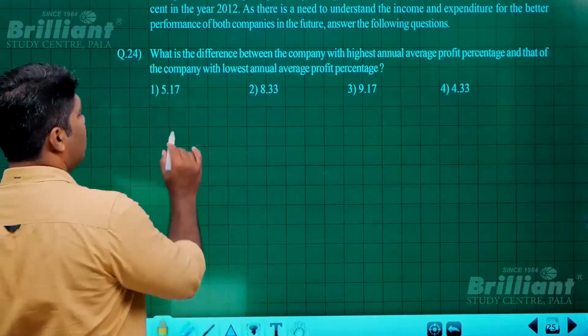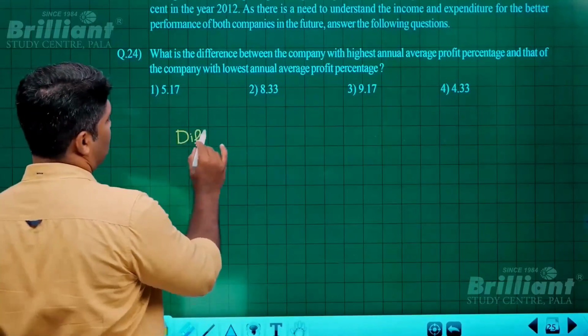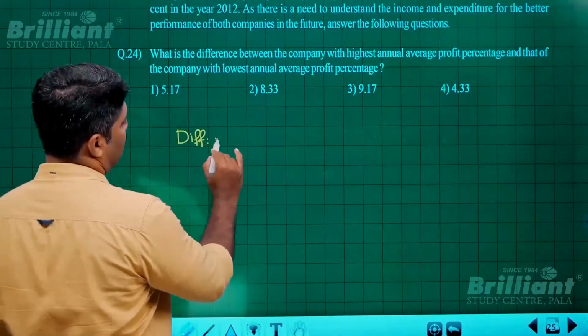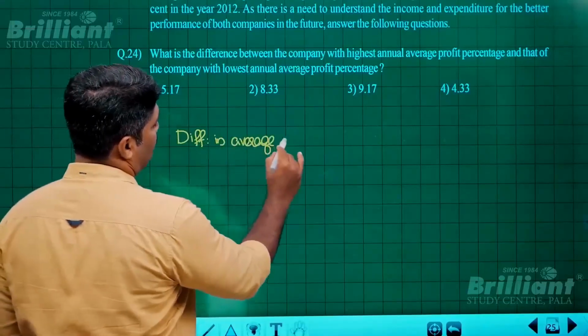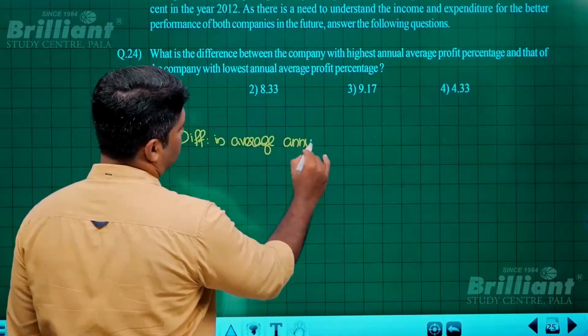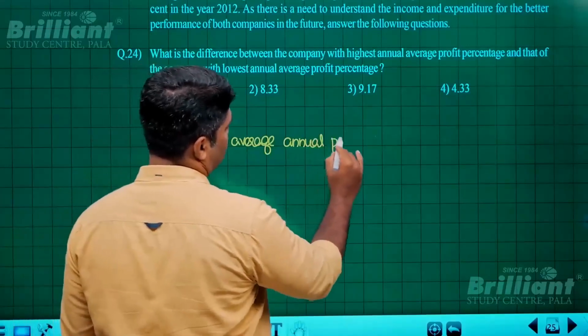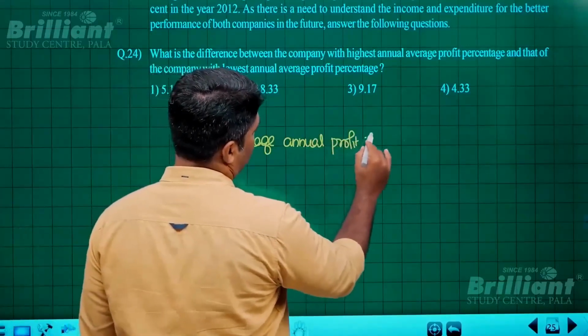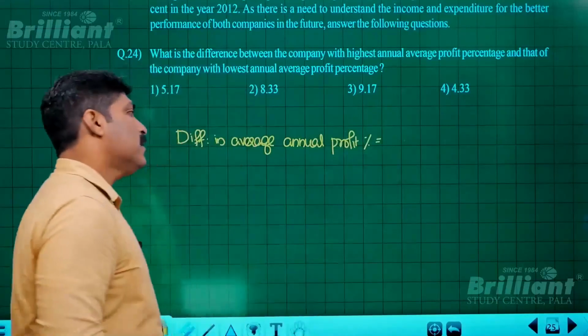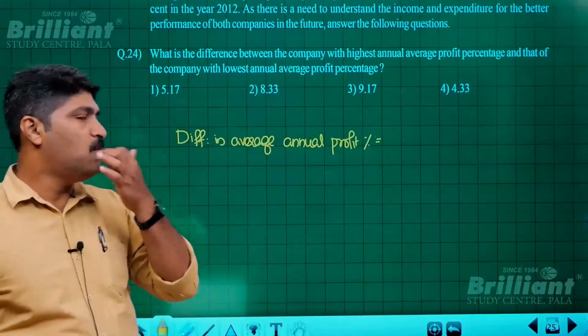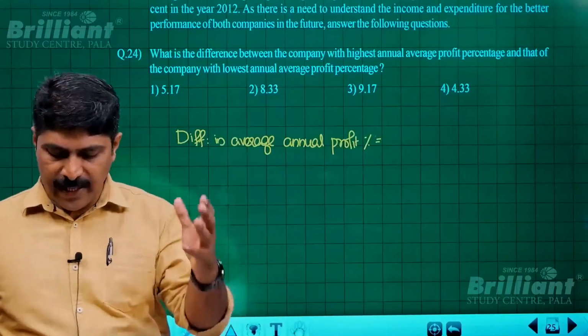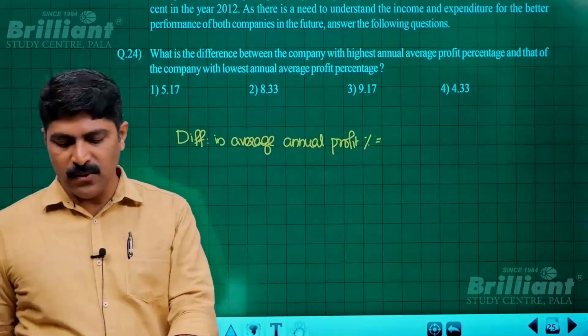That is the difference in average annual profit percentage. First of all, we consider the sum of the entire profit percentage of those companies.